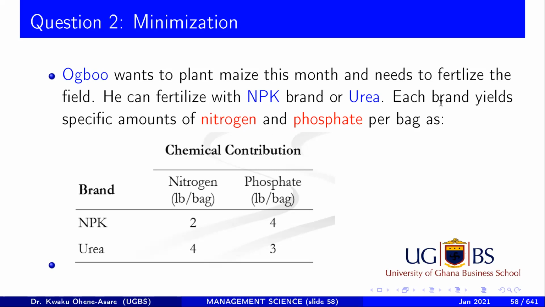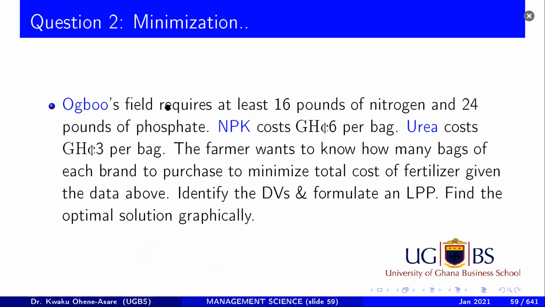Then you are told that each brand will yield specific amounts of nitrogen and phosphate per bag. Of course, that one too will not give you clear information. But this is where you get clear information. You were told that Ogbo's field requires at least 16 pounds of nitrogen.